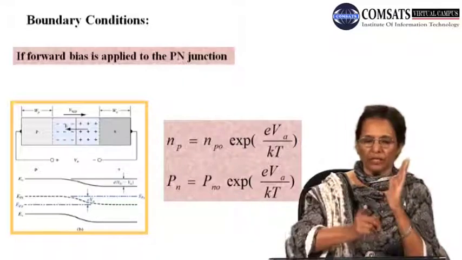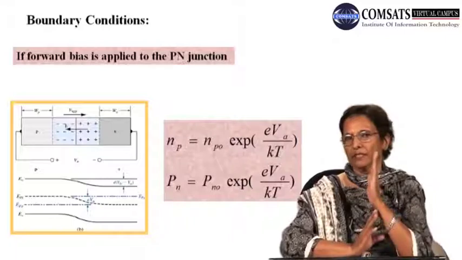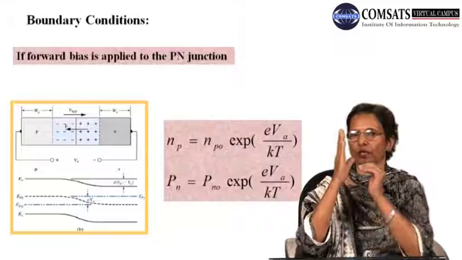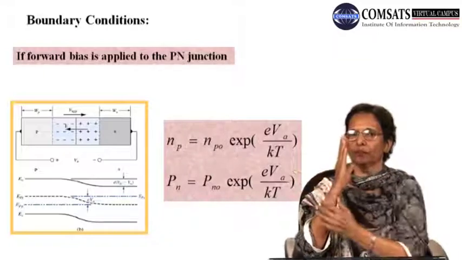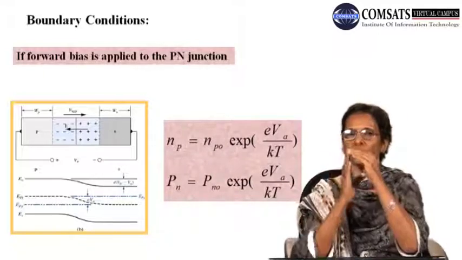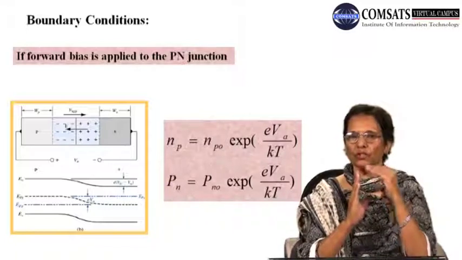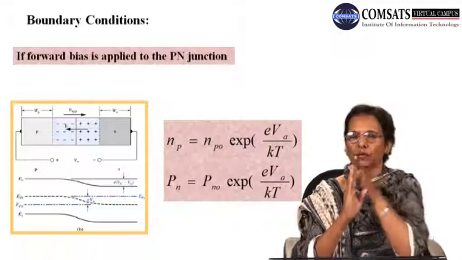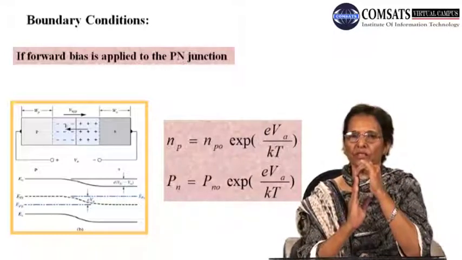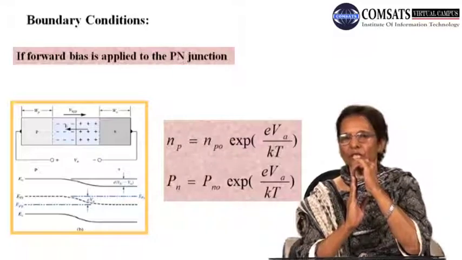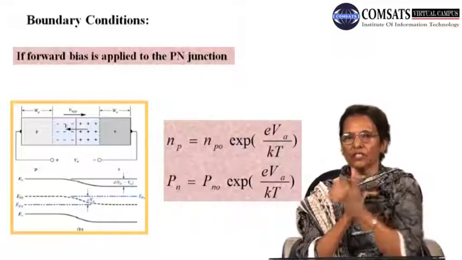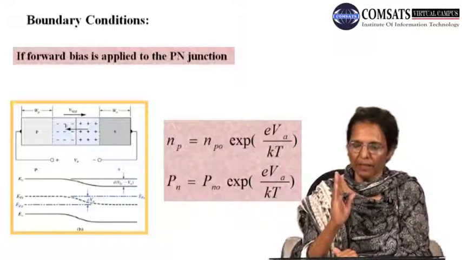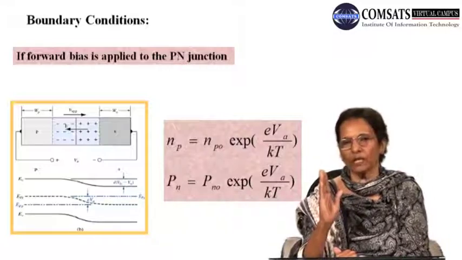Now, this was the boundary condition as it says on the top of the slide. Here is the interface between the depletion region and the neutral P region. When a certain concentration of electrons is injected into the P region, it has its maximum value at some point x, which is the interface between the depletion region and the neutral P region.